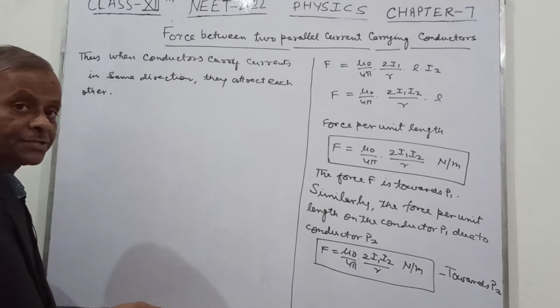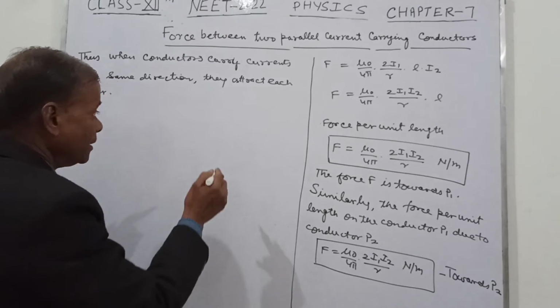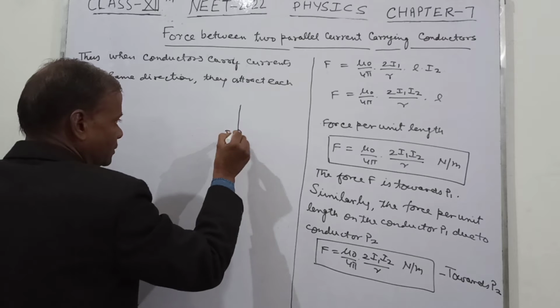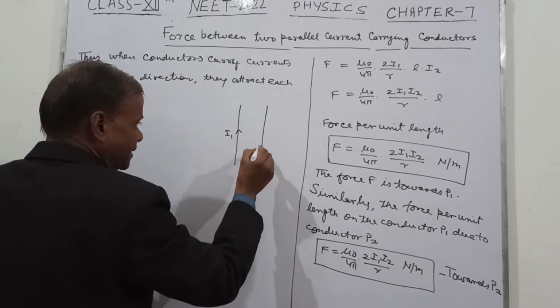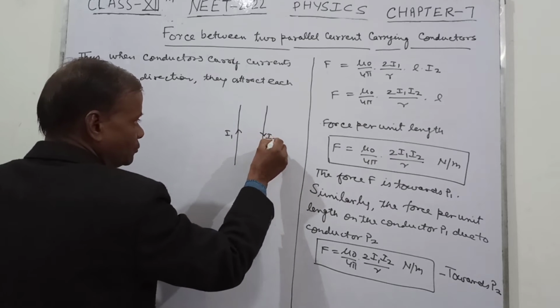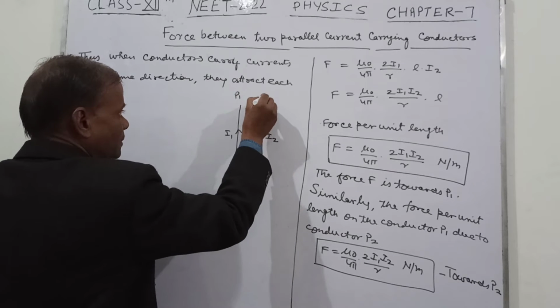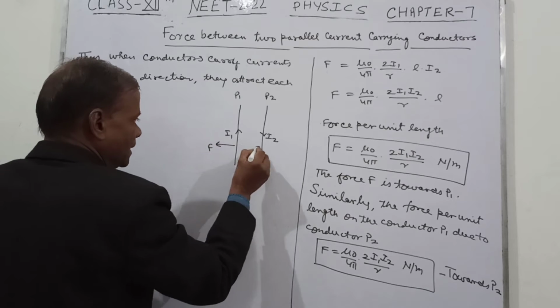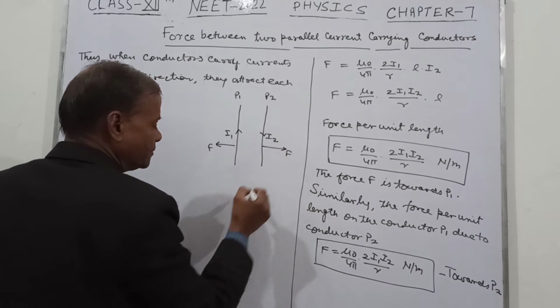So if the current is in the opposite direction, then they will repel. Suppose this is your I1 and this second conductor is carrying current like this, I2. This is your P1, this is your P2. Then this force will be in this way and this force will be in this way.